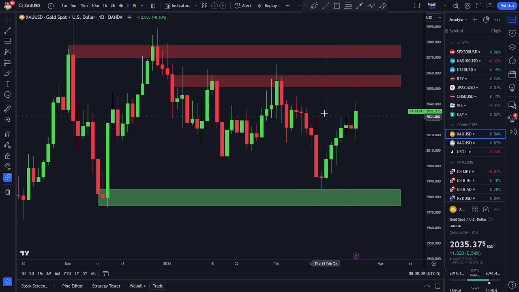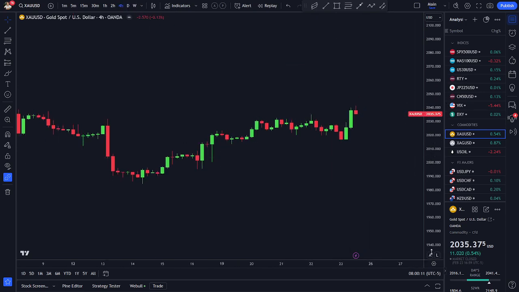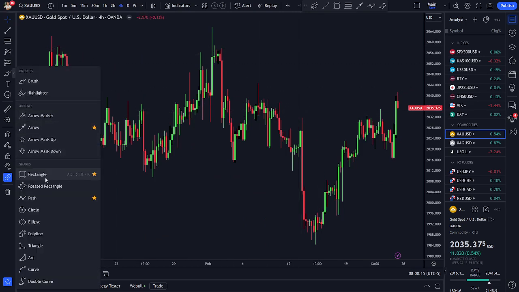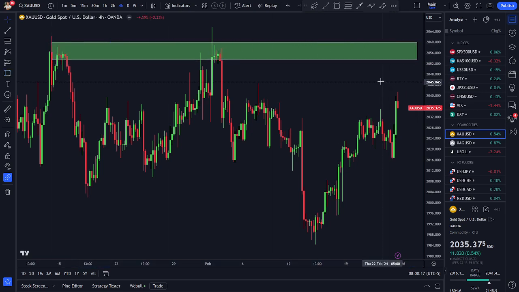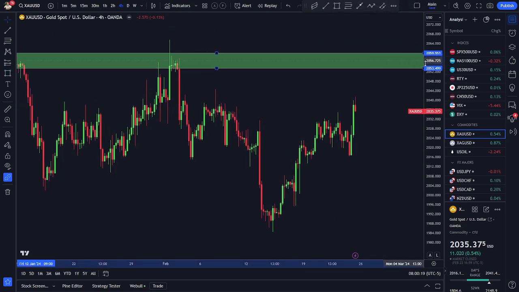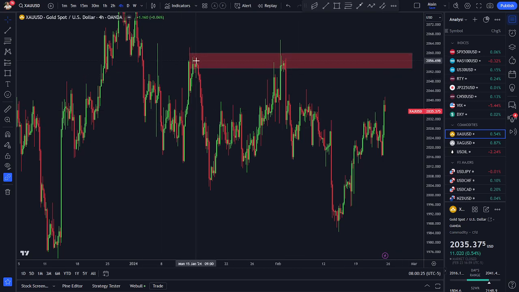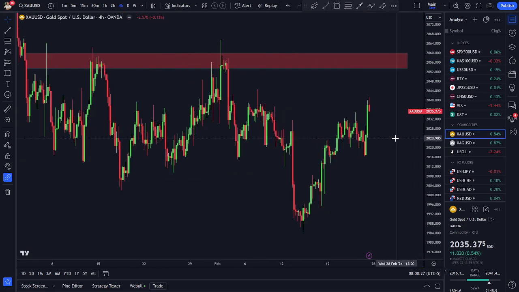So when we look at this and we look at the 4-hour chart, I want to talk a little bit about this. Again, we mentioned that a possible short-term target could be this move up to the 2055 an ounce target zone. So if we go ahead and mark this as a 4-hour supply zone, we do need to acknowledge this for what it is. It's a key level on the daily chart.